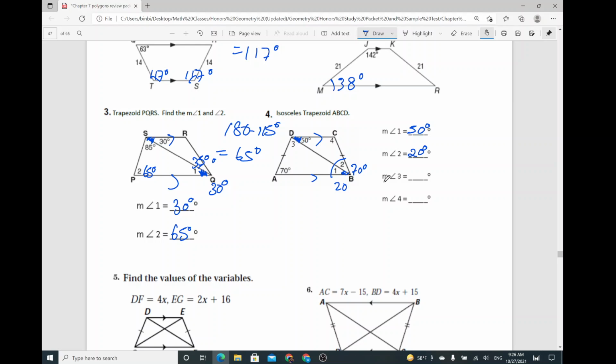The figure is not drawn to scale, so angle 3 would be considered 90, because if you pull it out, it's a right triangle. So 70, 20, 90. And then the measure of angle 4 is the same as this angle here. So 180 minus 70, so it's 110 degrees.